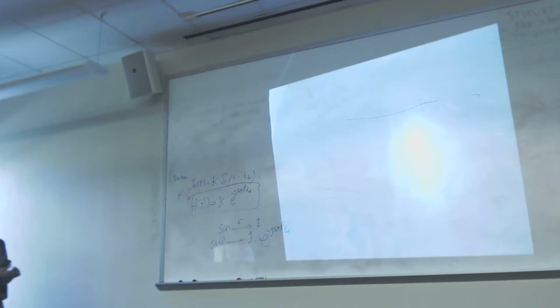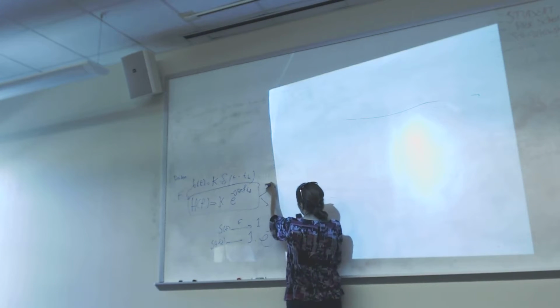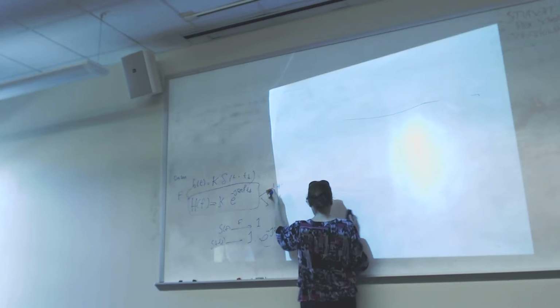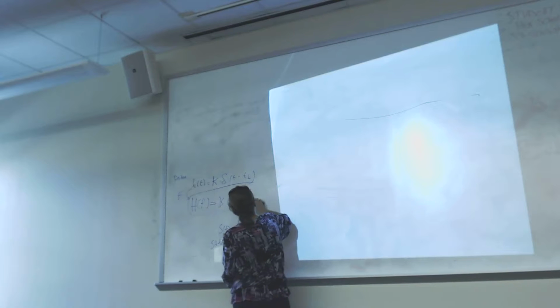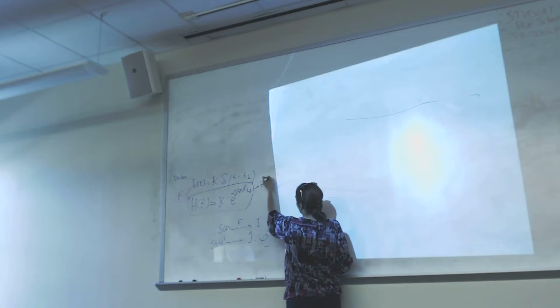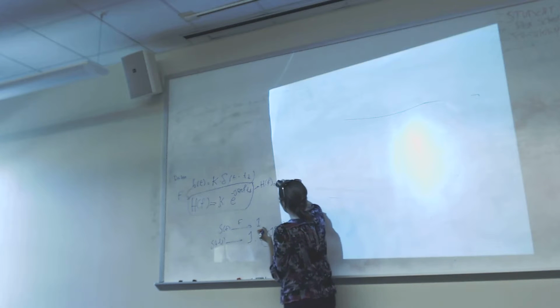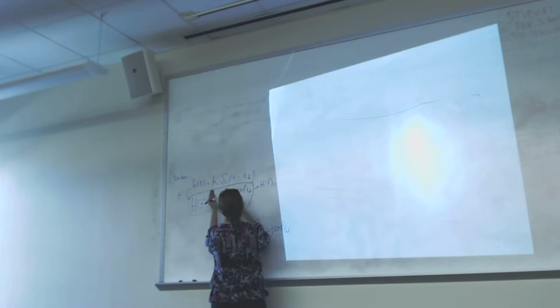Now, what's the magnitude of H of f? We can say two things about this. The magnitude is the magnitude of this times the magnitude of that.